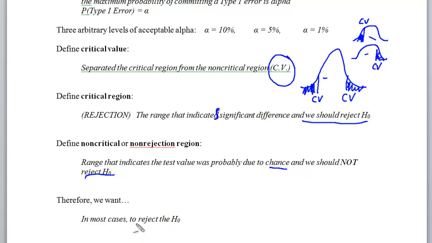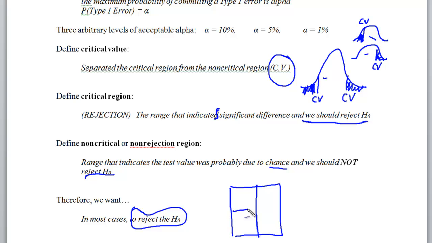Now, in most cases, we want to reject the null hypothesis. That's obviously just because maybe you want to see a change. You really want to try to reject the null hypothesis and show that the H1 is true. So this is really what we're wanting, in that square up above.